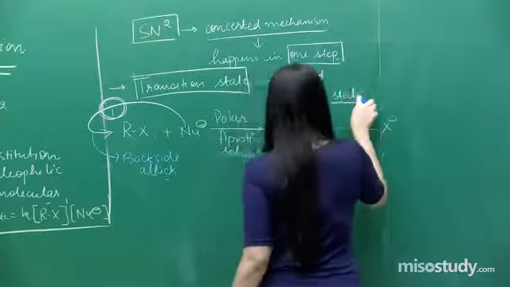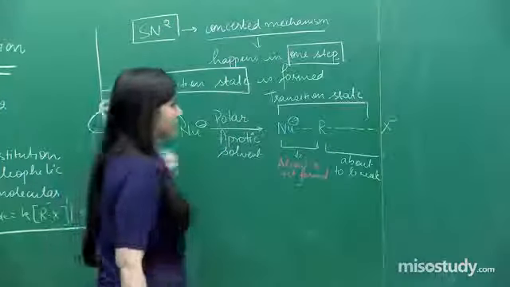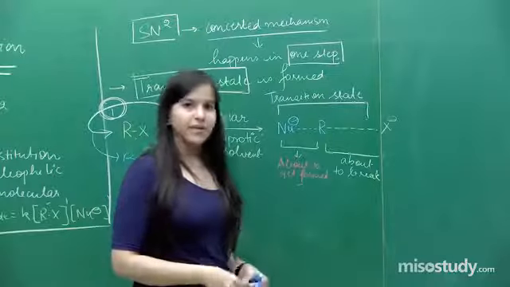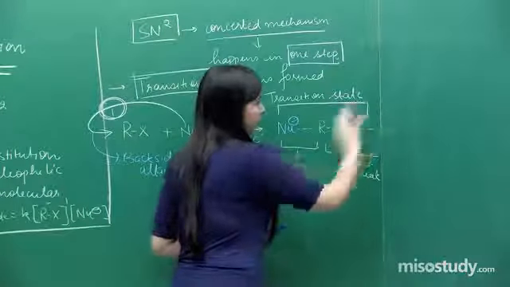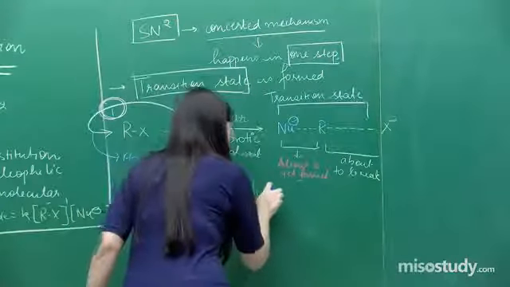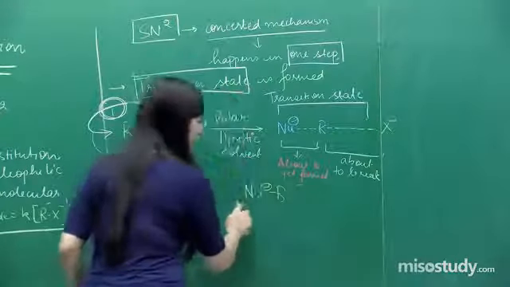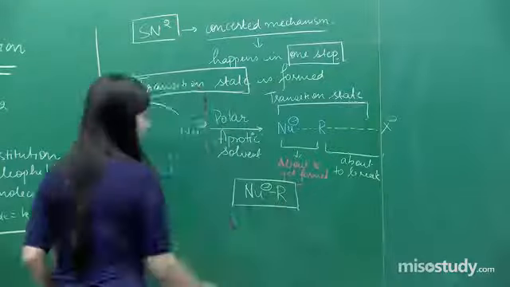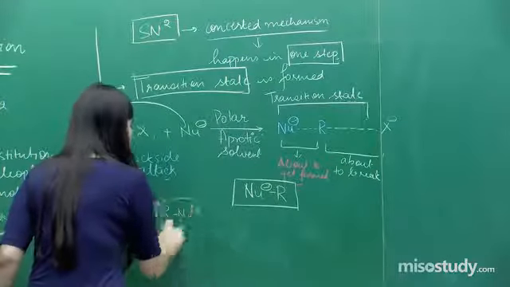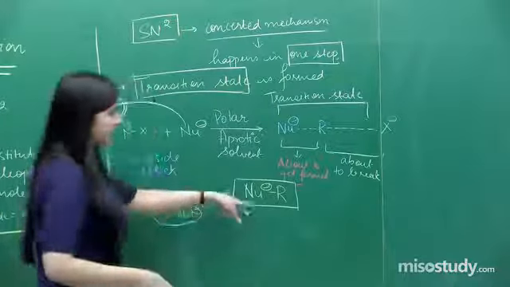Fine. So once we are done with the transition state, what do we obtain over here? This bond breaks and we get NuR, right? So instead of getting RNu, what I am getting is NuR.